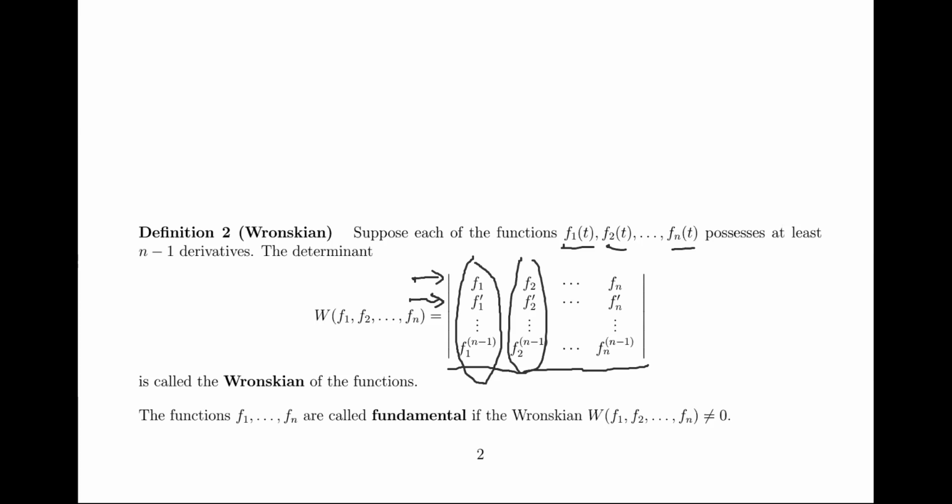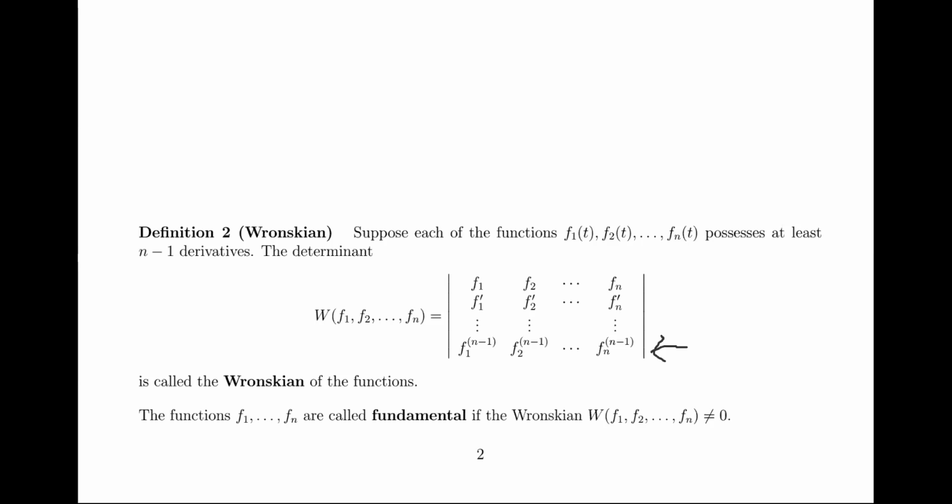And so on. Our third row is the second derivative, and all the way down to the nth row being the n minus first derivative. If we place that, then the determinant of that matrix is the Wronskian of those functions.